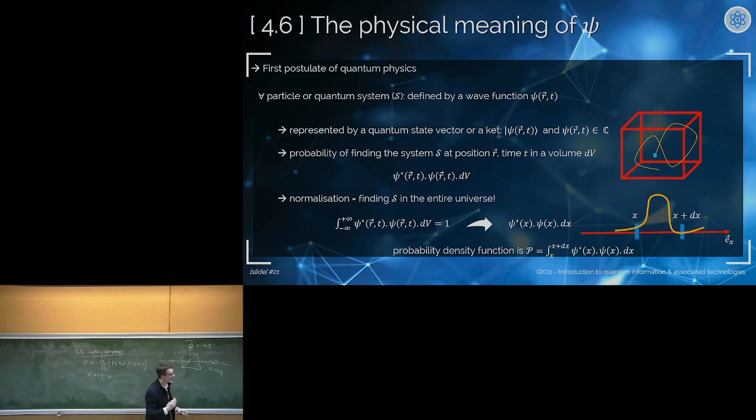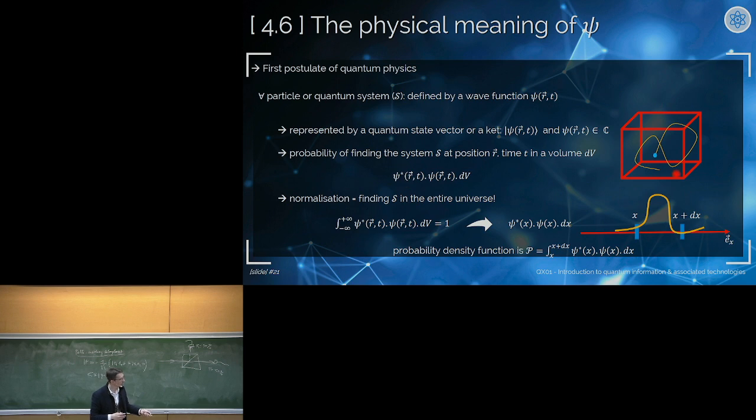That is because at the end, what we actually have access to in the real world is not the wave function, it is the probability of finding the system at a position r in time t, say, in a small volume, given by the product of psi star times psi. So what we have is the product of these two, which is now a real number. And this is what you measure.